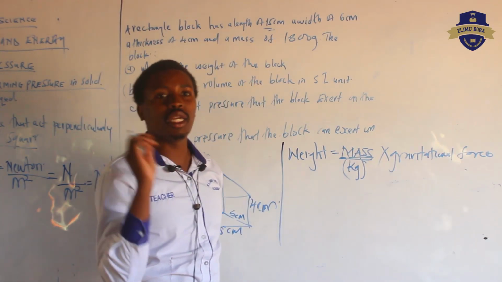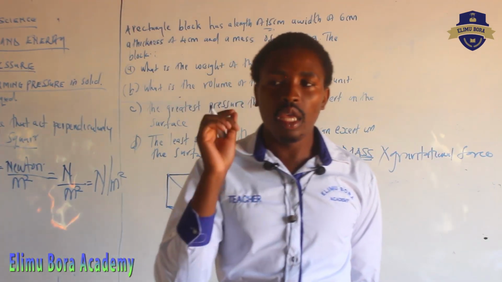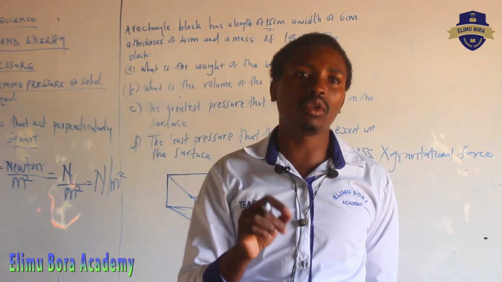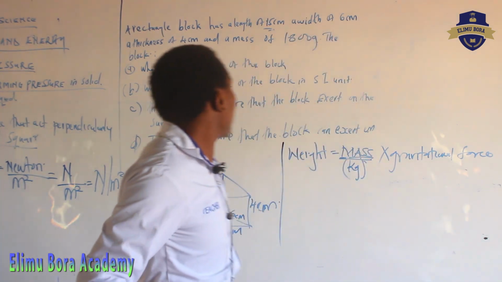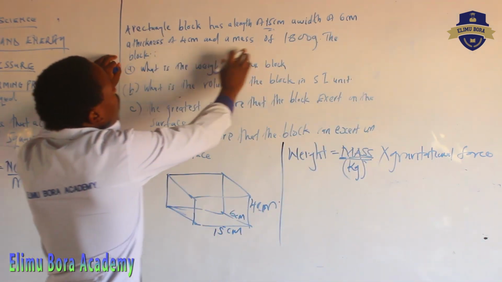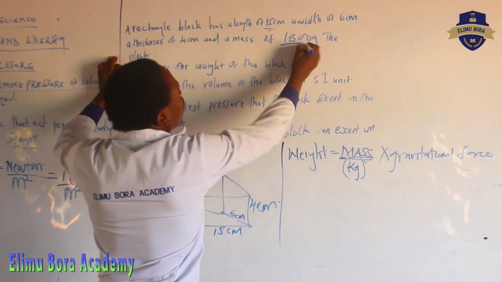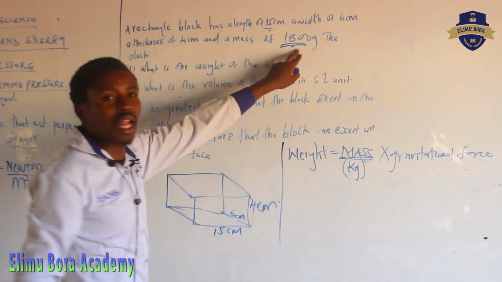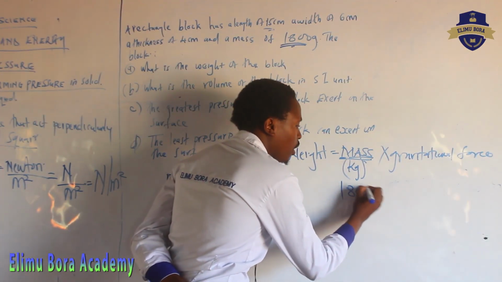If mass is given in gram, convert that gram into what? Kilograms. If you have been given mass in grams, convert those grams into kilograms. Like here, when you check on our question, the mass of the block is what, class? 1,800 grams.